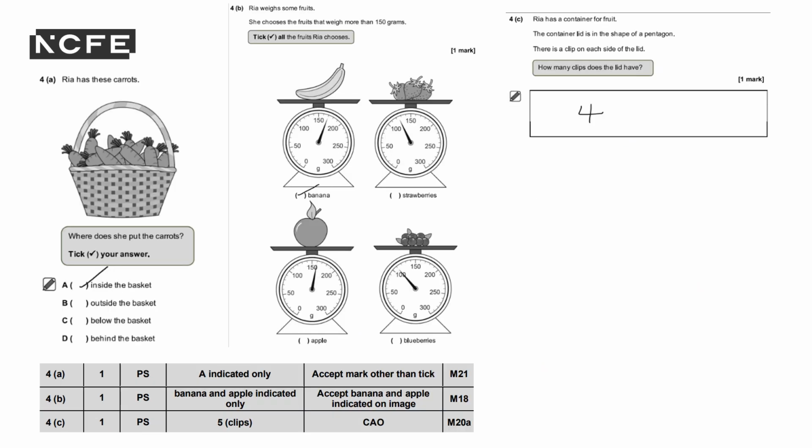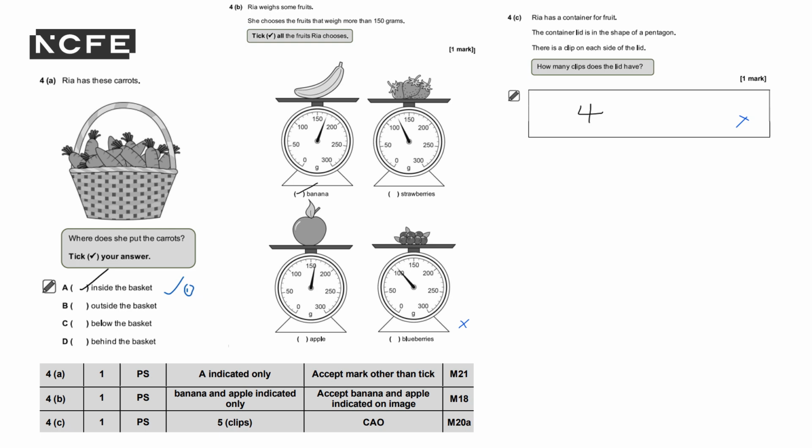How about this problem-solving activity? I'm going to reveal the marks now. So they've got 1 mark out of the possible 3. Unfortunately, they have indicated the banana. They needed to choose all of the fruits that weighed more than 150.